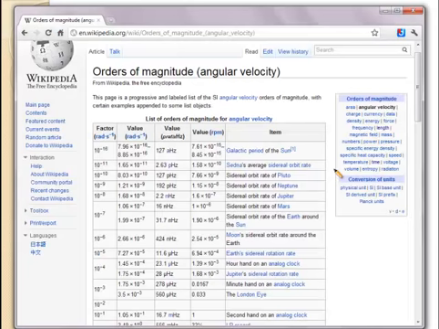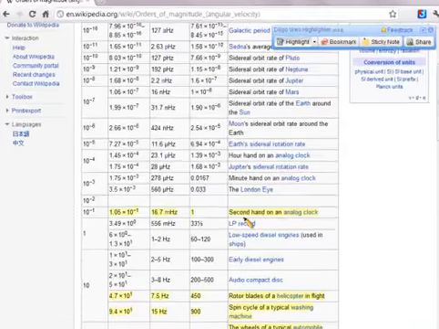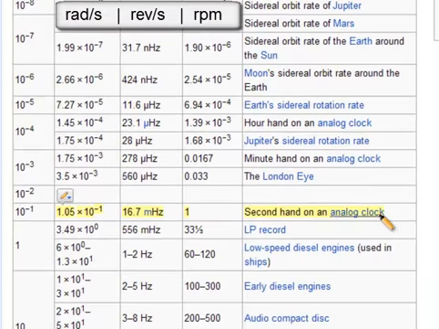So here is a Wikipedia article on a whole bunch of other angular velocities, and I highlighted a couple of them here. The second hand on a clock goes around 1 time per minute. Your parents, or maybe your grandparents, might recognize 33 1/3 as the rotation rate of an old record player.